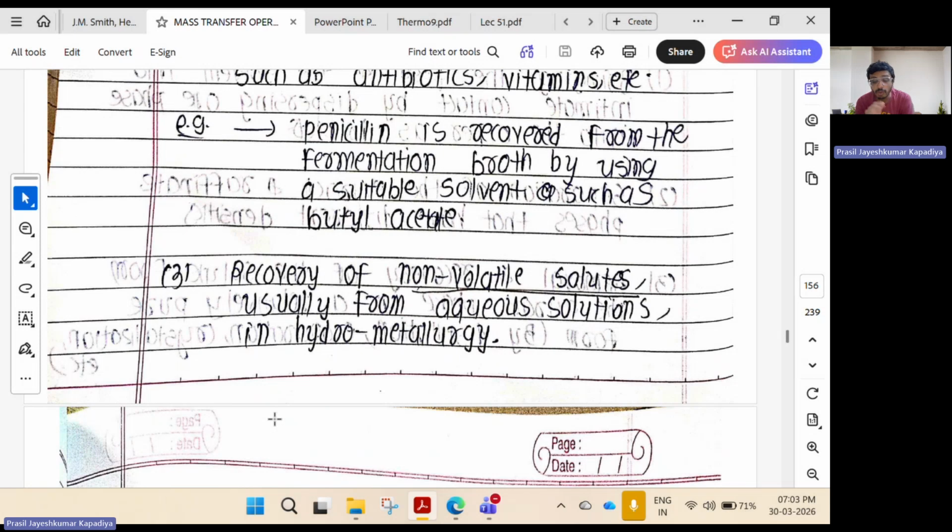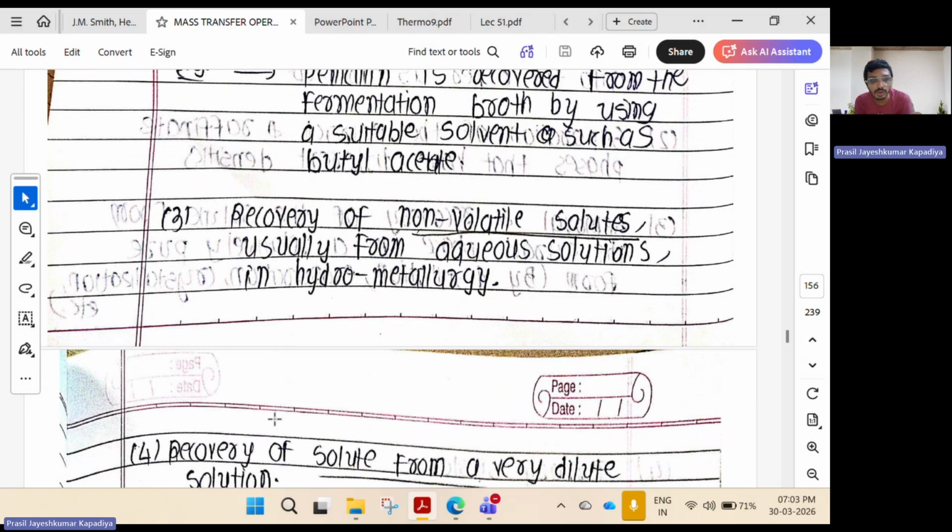Then similarly for recovery of non-volatile solutes. If a non-volatile solute A is in small quantity in a large volatile solvent B, then it doesn't make any sense to vaporize a very large quantity of B just to get a small amount of non-volatile solute.